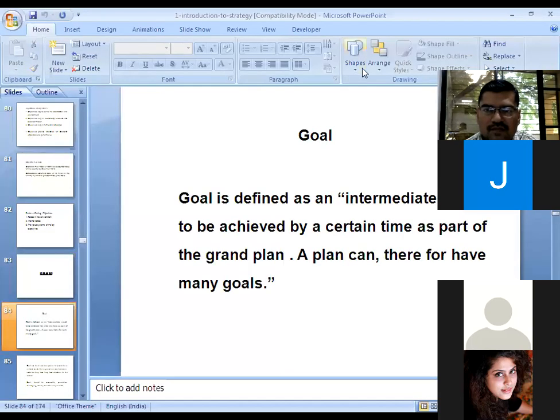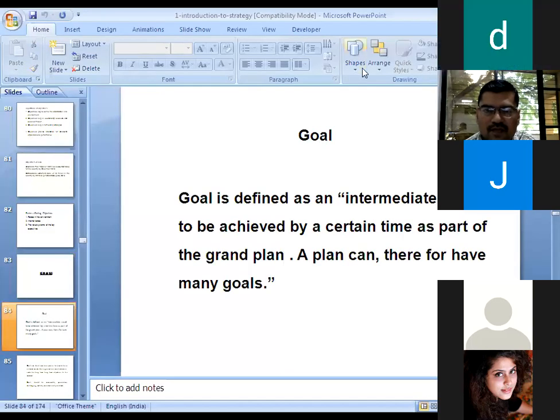A few of them can and a few of them cannot, because I can see the objectives slide. Okay, okay. Yes, sir, now it's visible.